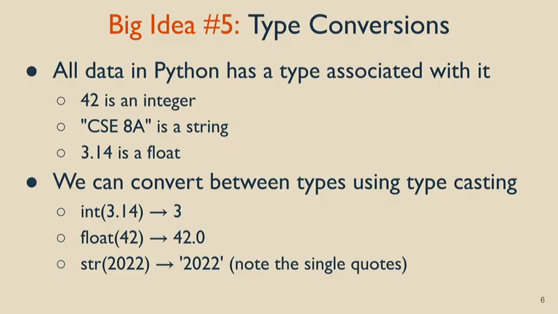Then we have CSE 8a, and this is a string. And a string, how do we make strings again? How does Python know that we're looking at a string? Yes, the quotation marks. And we have 2 here. We must have 2, is that true?